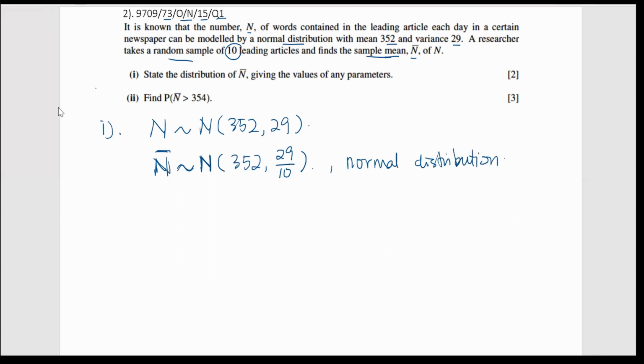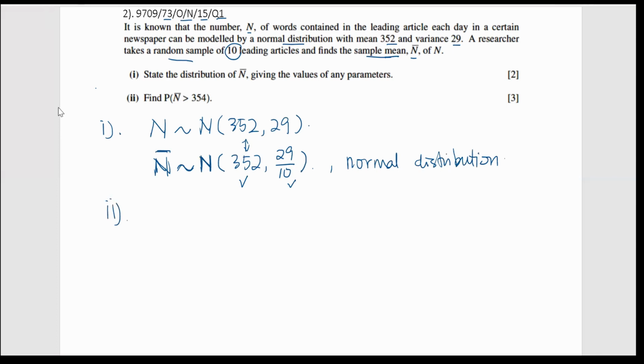And the values of any parameters is referring to the mean. For this, it is going to be 352, has to be the same, but the variance will be divided by the sample size here. All right, so these are the parameters, the mean and the variance. So that will be the part 1.